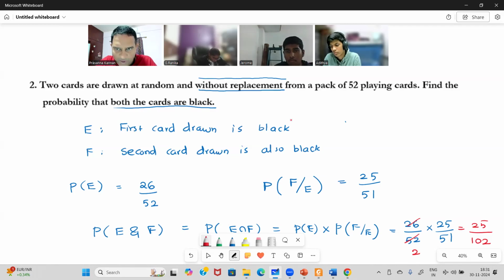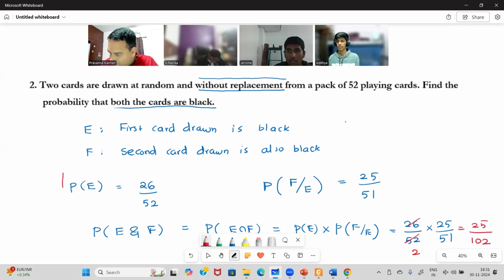So did that affect this probability or not? It did, sir. So are these two events dependent or independent? Dependent, sir. Correct. So whenever you do the experiment without replacement of the cards, which means you took the card and kept it aside, you didn't keep it back, then events will become dependent.